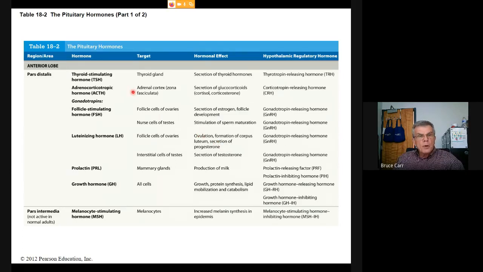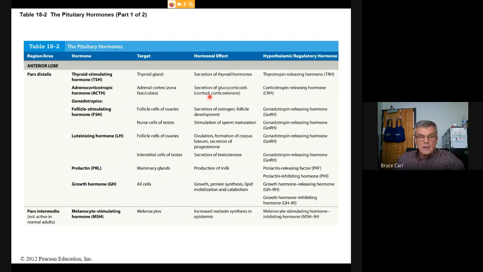The most complex of these glands, of course, is the pituitary gland, with the pars distalis producing all of these hormones that are going to affect basically be released from the pituitary as a result of signals from these hormones from the hypothalamus, but are going to target these other glands to release these hormones. So we're going to discuss these one at a time.